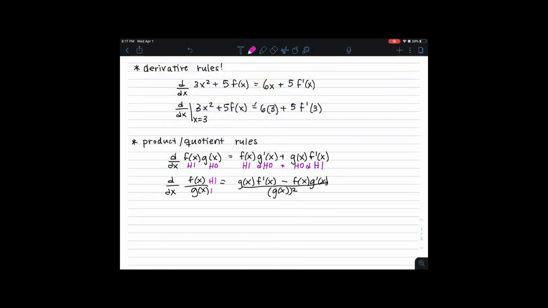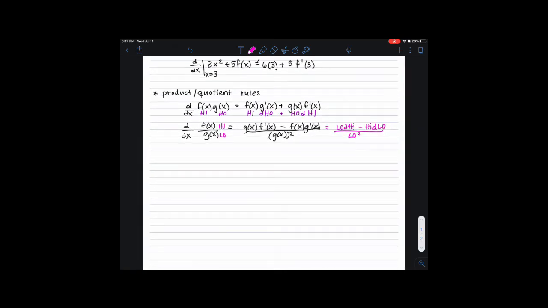And if we're labeling this high and this low, that's equal to low d high minus high d low over low squared, where d high or d low is just the derivative of high and the derivative of low.